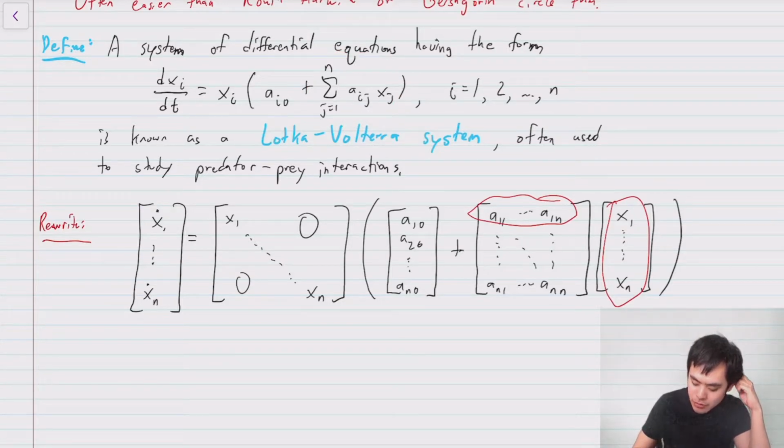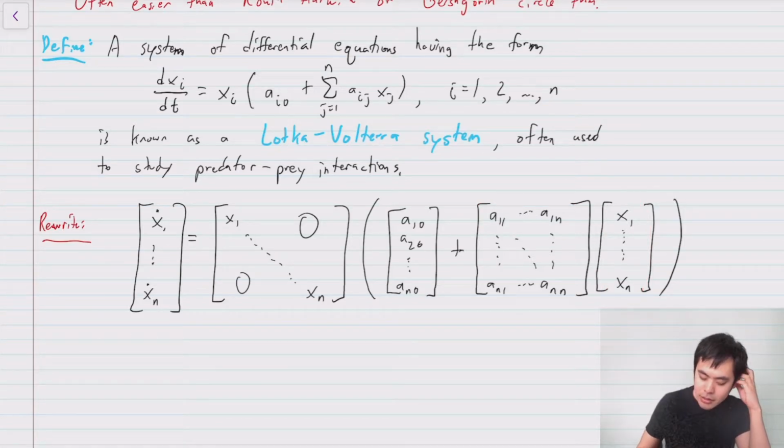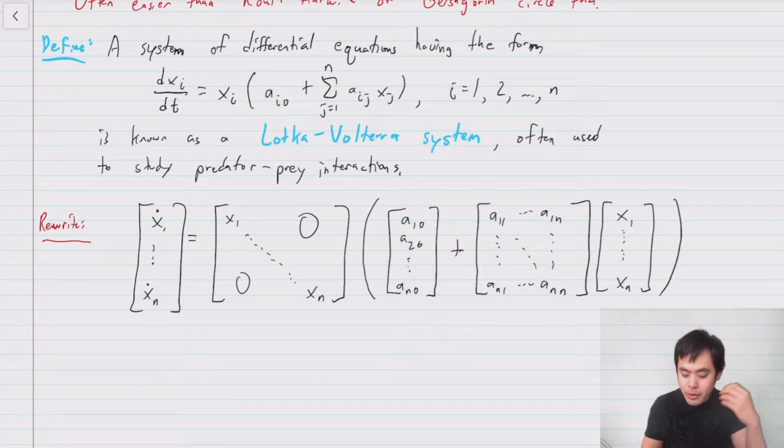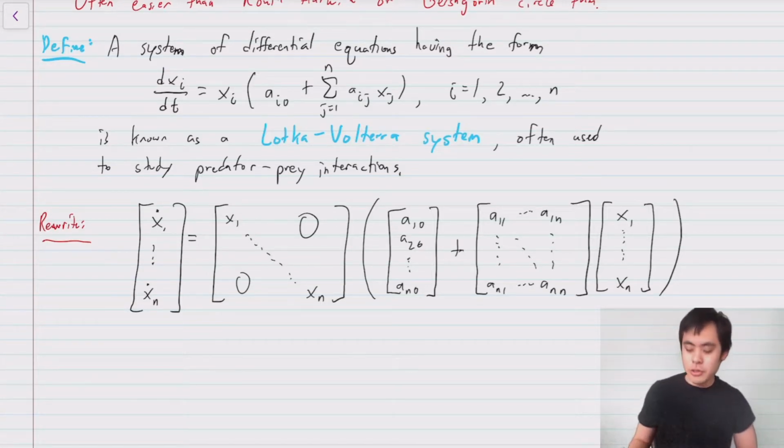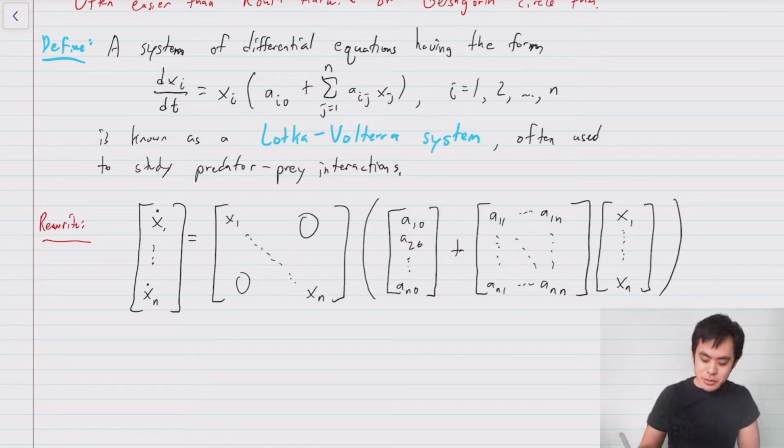So you get that term by multiplying that out for a particular xi, and then you add it to this term here. And you multiply everything in that row by xi. So you can rewrite it in this form, and you'll notice that it's almost affine.